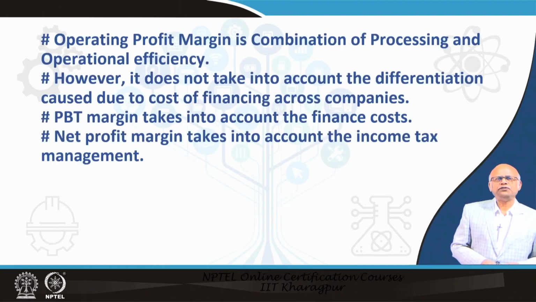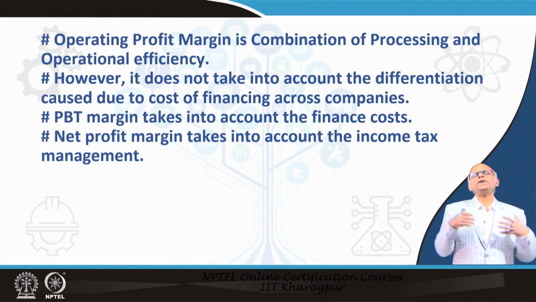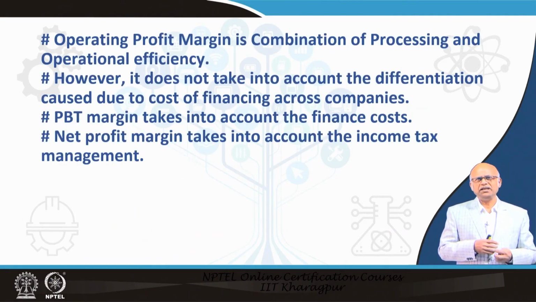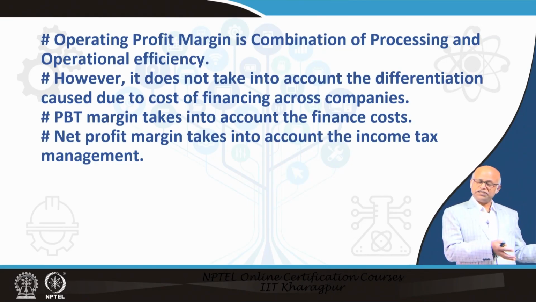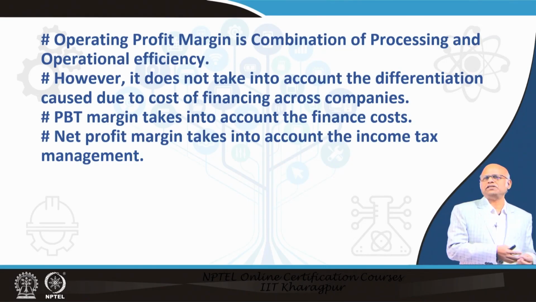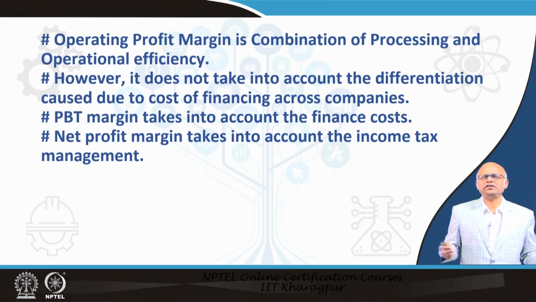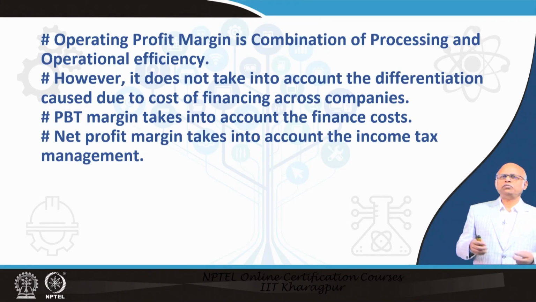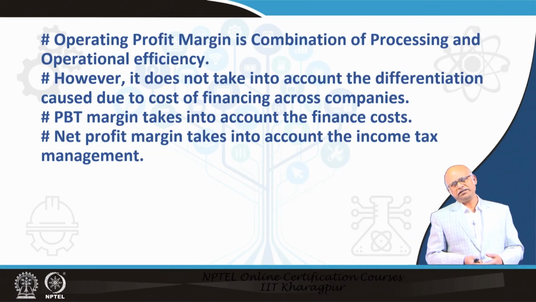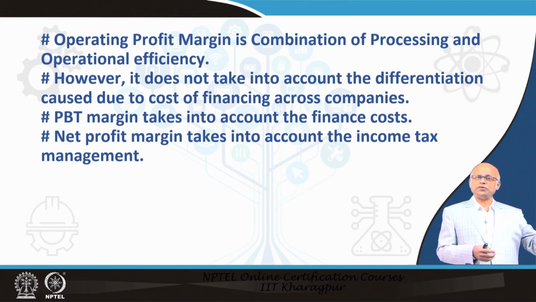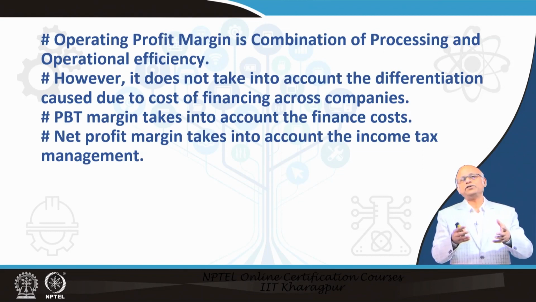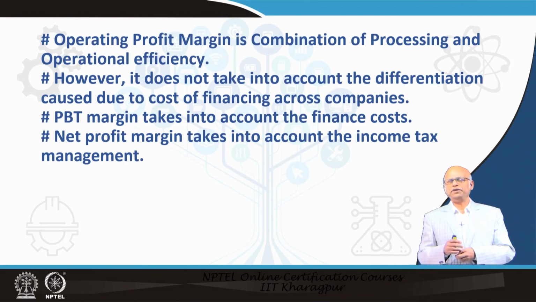So, let us move forward. Operating margin, on the other hand, is a combination of processing efficiency, since gross profit margin is already included there, and operating efficiency. Suppose your operating expenses are less, so your operating profit margin will be better. But operating profit is estimated based on gross profit, because gross profit minus operating expense is operating profit.